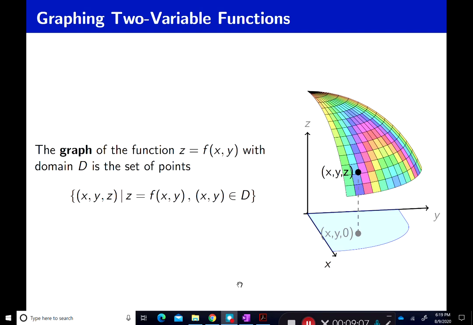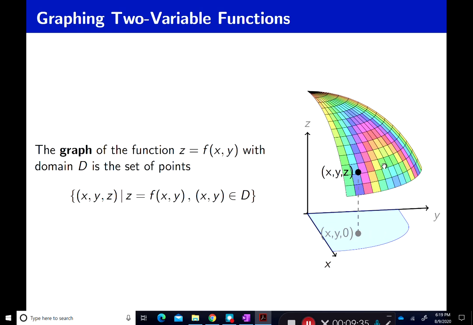Graphing two variable functions. The graph of a function z equal to f of x and y with the domain D is a set of points x, y, z such that z is equal to f of x and y and x, y is in the domain. So for example, here the domain is this light blue area down here.